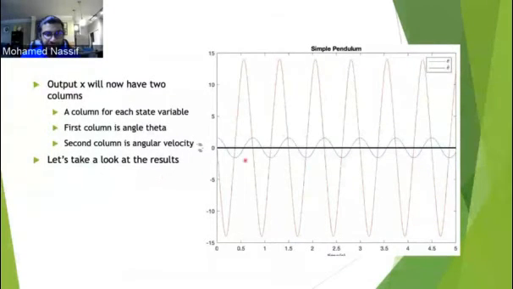This is the simple pendulum. So when you take a look at it, blue is your position. So you're starting at pi over 2, which is like 1.7. I've just plotted them on the same scale, so that's why they're just a bit distorted. But you start at 90 degrees and your initial angular velocity is 0, which makes sense. As you get to theta equal to 0, your velocity is maximum.